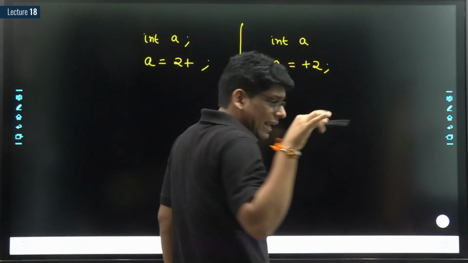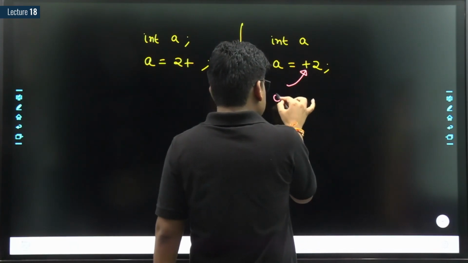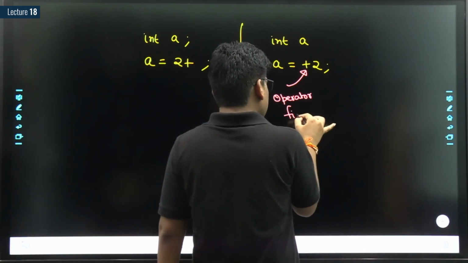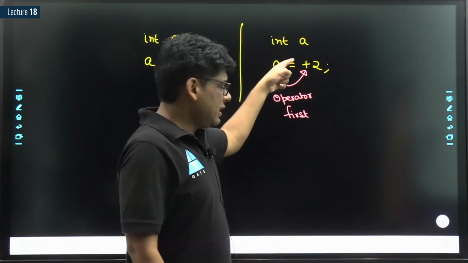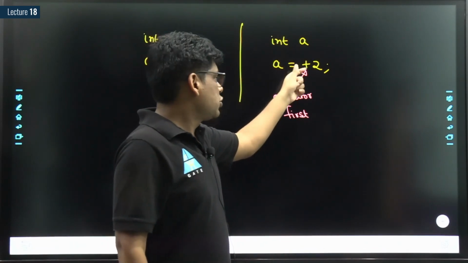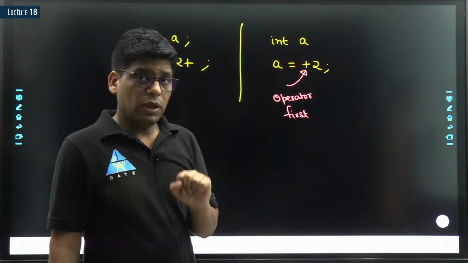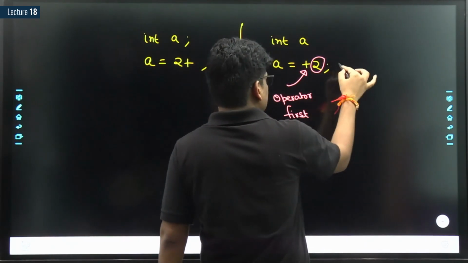Try to think like compiler. We provided the operator first. Then compiler understands, okay, this is an operator and there is no operand on the left side. That means it is a unary operator. Okay, and a single value unary operator works well.